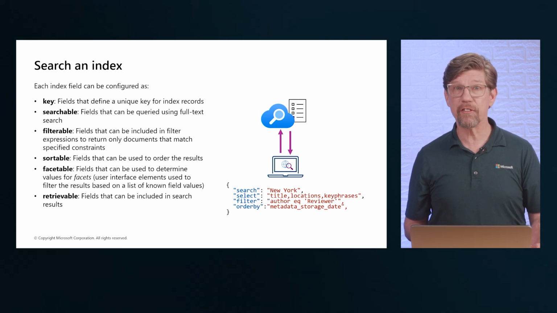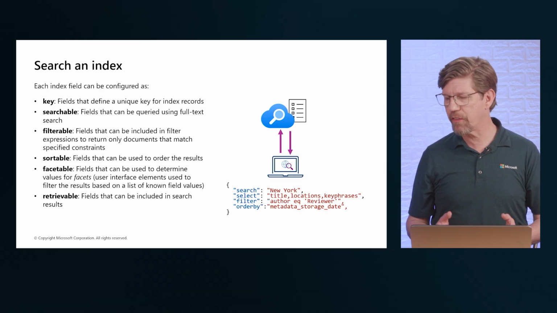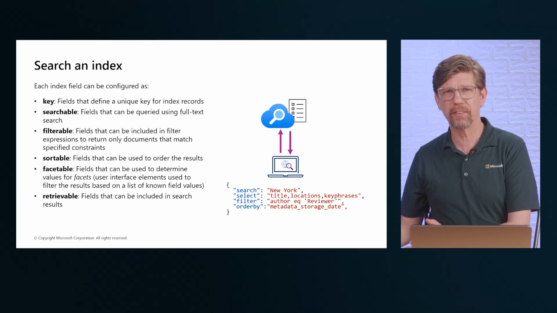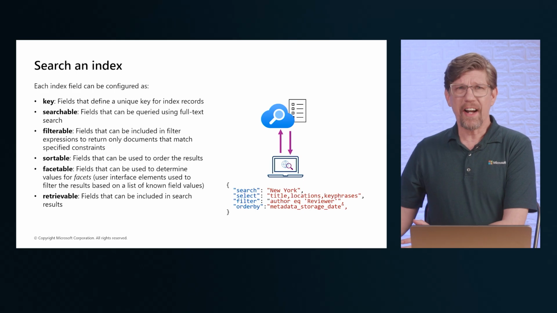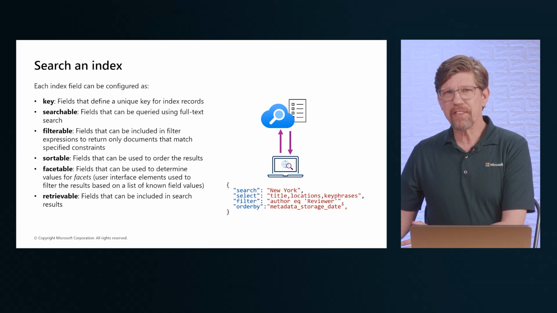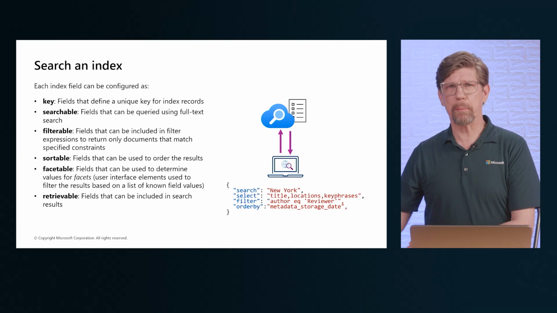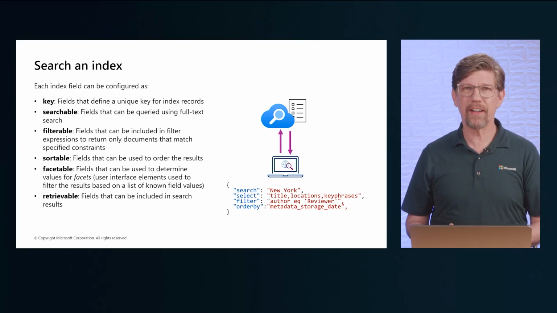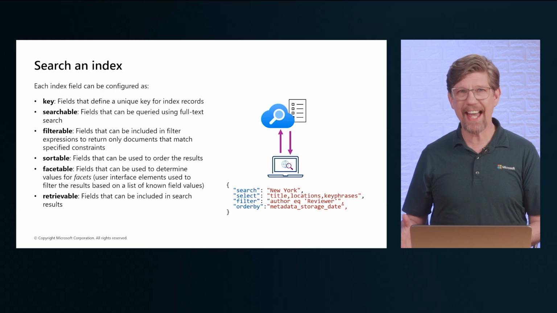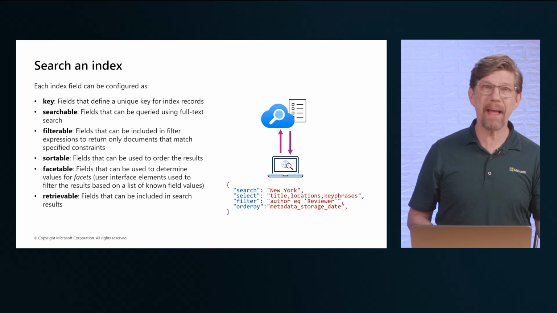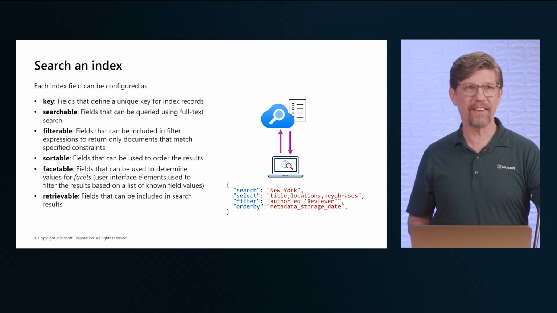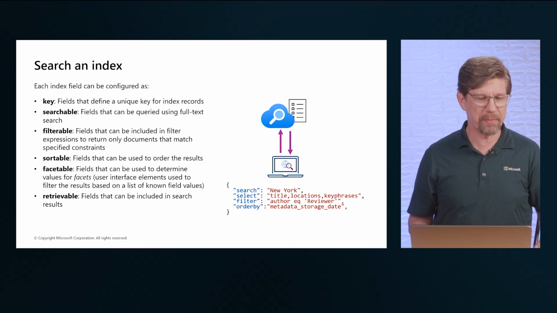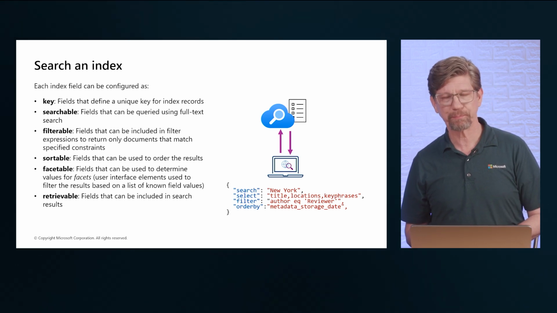Then you see the idea of sortable, right? There may be fields that we have, like description, that are fine to have, but seldom is anyone going to be sorting by the description of an item, right? We may want to read the description, but we're not sorting by things that start with an image of, right? Not incredibly helpful. But many other things, like the date that image was taken, that absolutely might be something that is sortable.